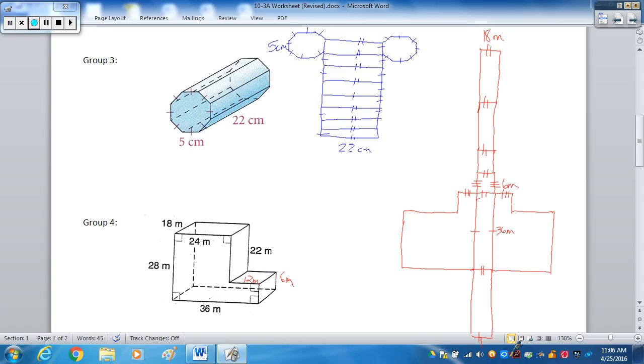We know that that next one is 12 meters. Okay. The next one, this length here, and that one there, 22 meters. Okay. This one is 24 meters.